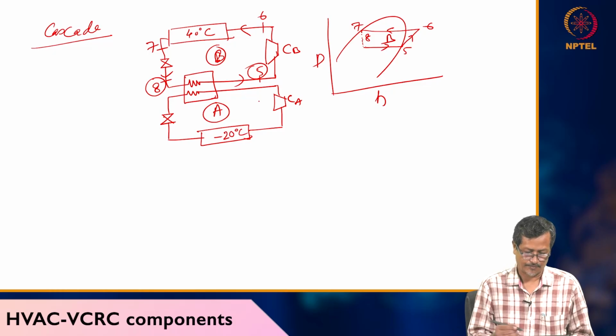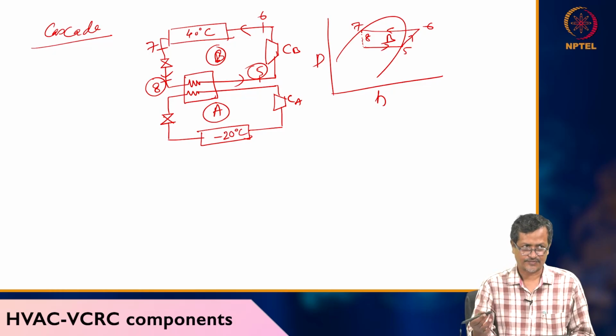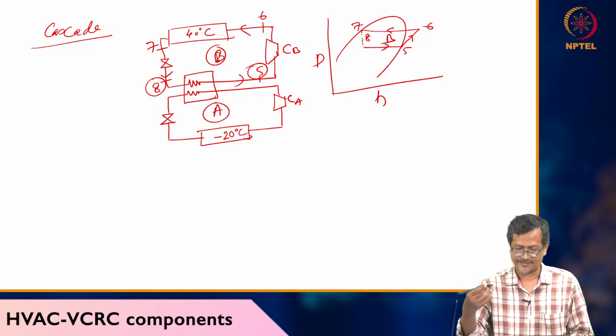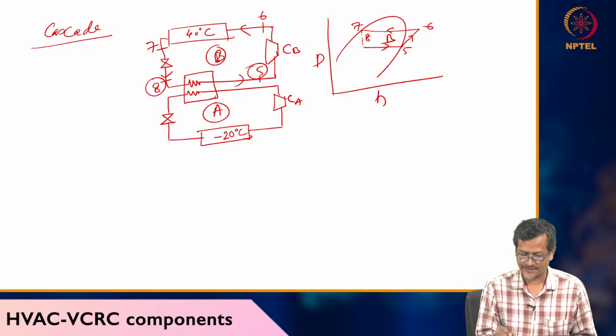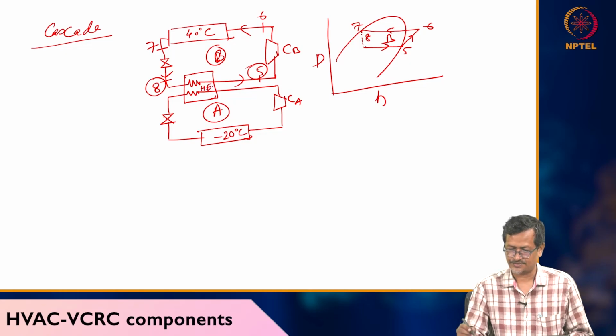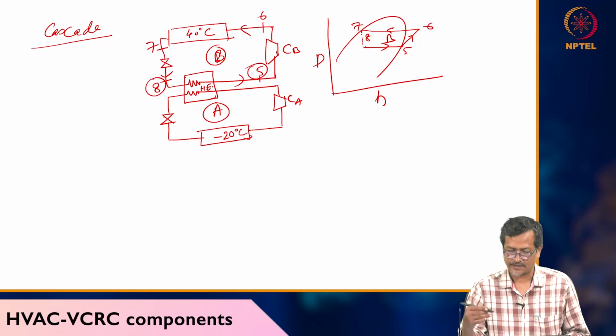Now the bottom cycle takes heat from the top cycle's condenser; the evaporator is the bottom cycle's condenser. So this is the heat exchanger, HE means heat exchanger. Now the top cycle temperature should be lower.